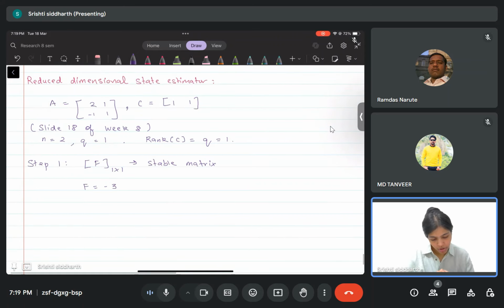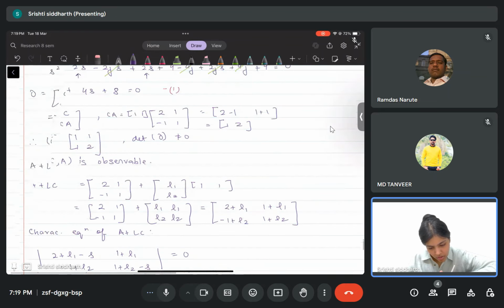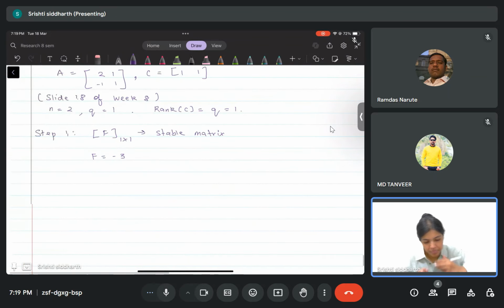There is a further instruction on f that the eigenvalues of f should not be common to those of A. So let's first check the eigenvalues of A. I think I've done this before.